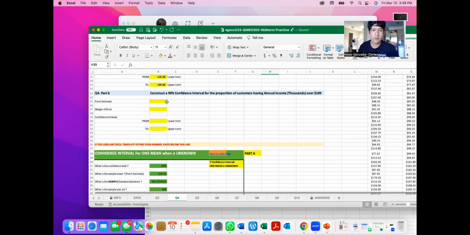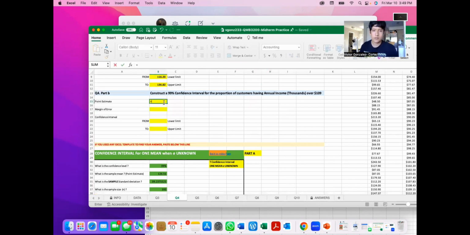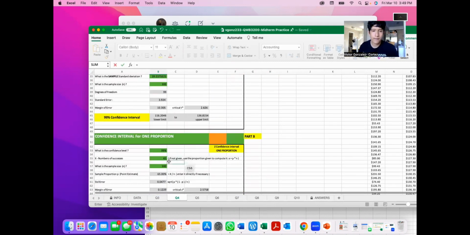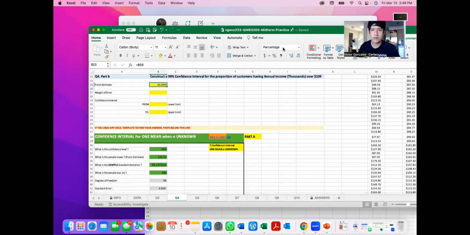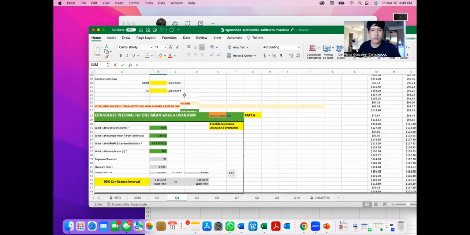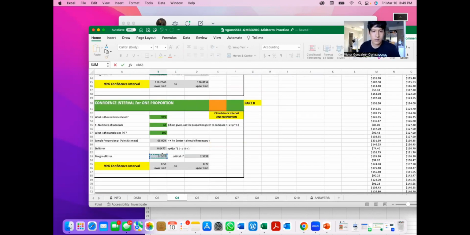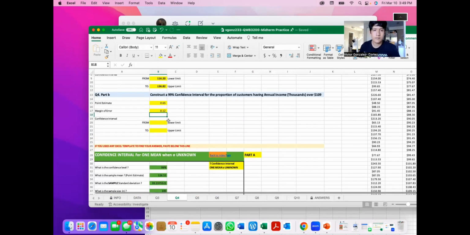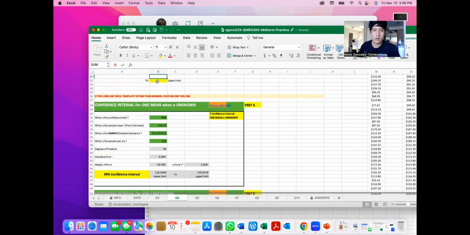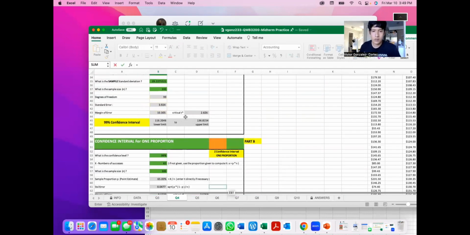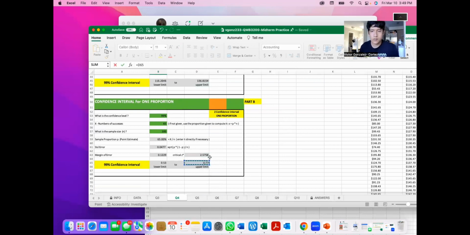And now our point estimate is this number. So we can just reference that and change it to a decimal. Our margin of error is this. So we can reference that. Then our lower limit would be here. And then our upper limit is here. So we can just reference that.